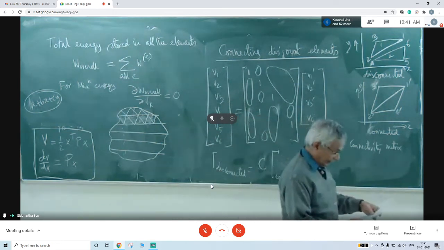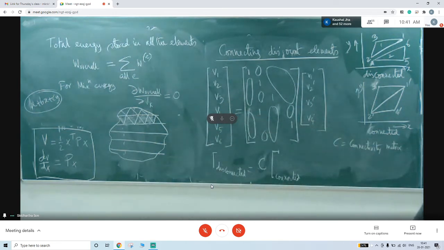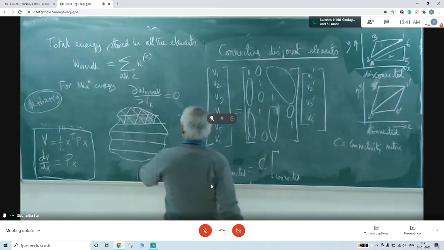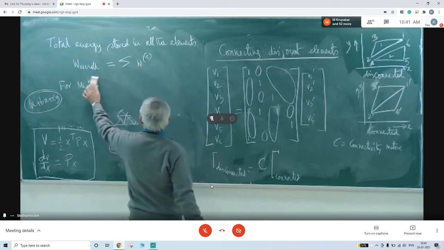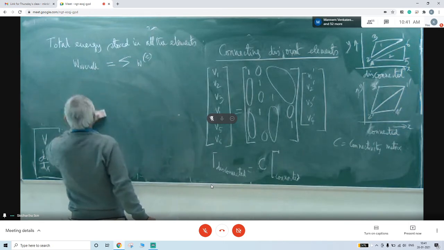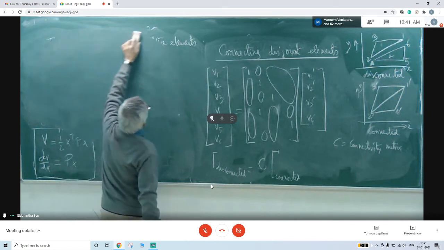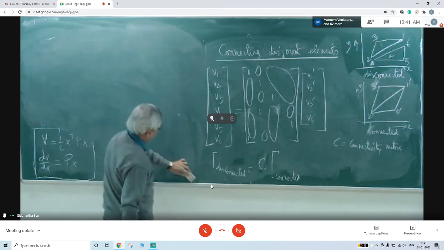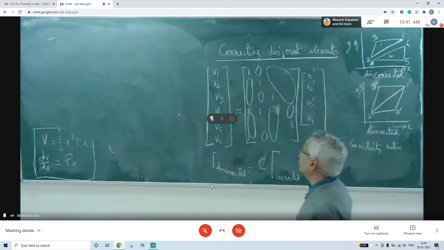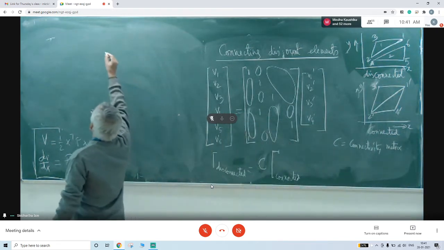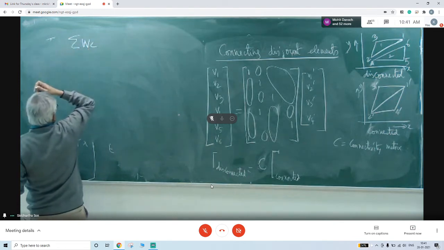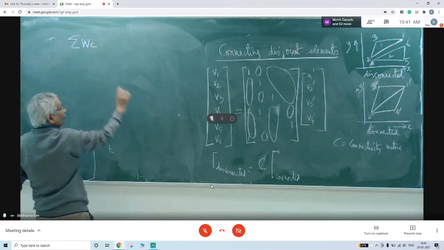So what we can say is that we have mentioned it is the sigma of all elements, that energy in all elements.